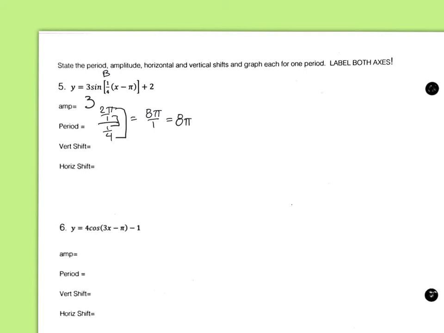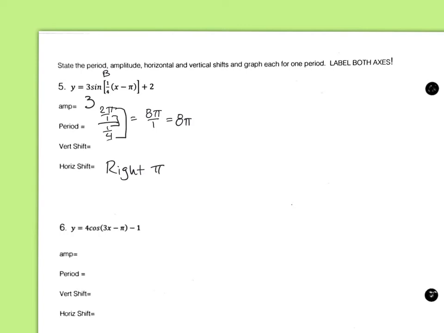Vertical shift. According to this, it's right because there's a minus, and the number is pi. Horizontal shift. Oops, that is my horizontal shift. I was just going in order. Pay attention. So we have right pi.